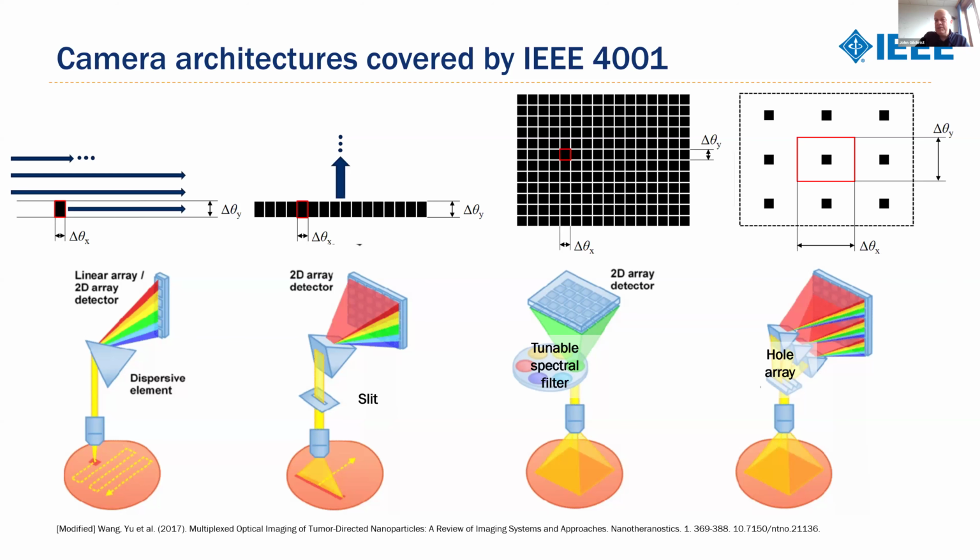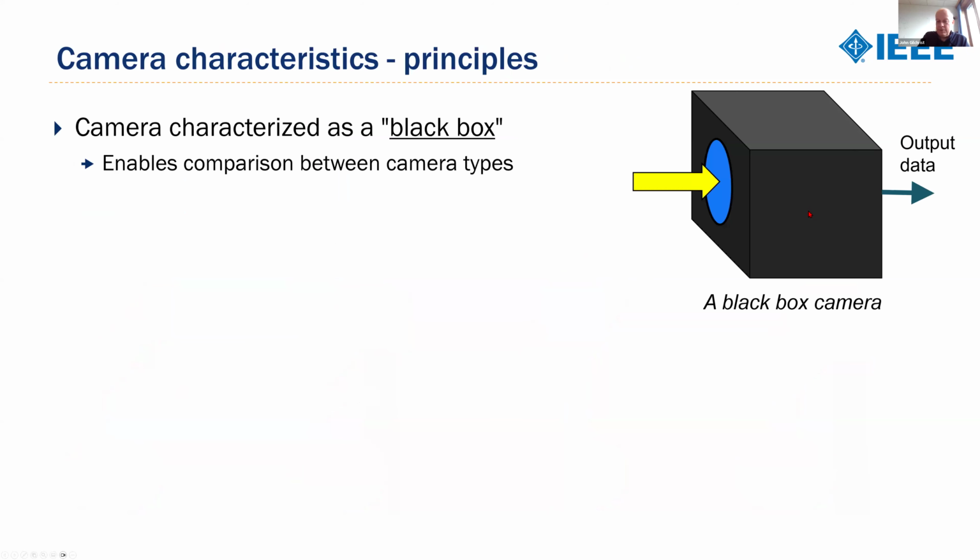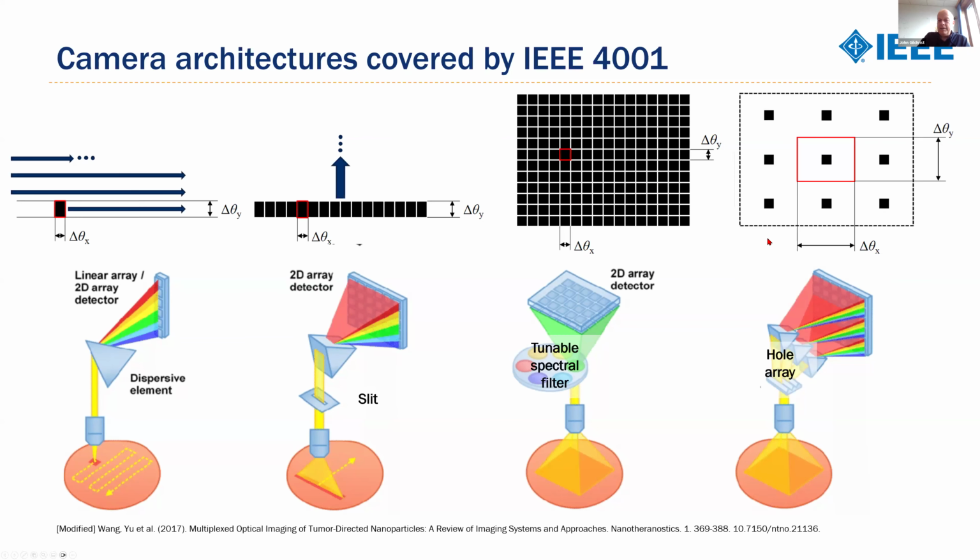And these are of course made with great care, including to try to have a good spatial filling and to avoid contamination from one pixel to another. So these are the 4 types of cameras that we explicitly cover with the 4001 standard, but it's possible that in future versions we will cover other types of cameras or variants of these.